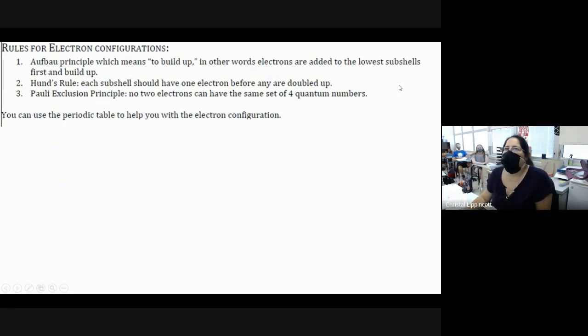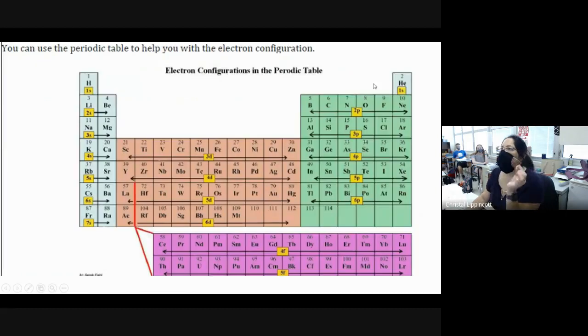so Coulomb's law. Rules for electron configuration. Again, remember that with electron configuration, if you use your periodic table, life is easy. So when we look at this, this is your 1s. And when we did this in class, we had you pull this guy over to here. We keep him over here because he's a noble gas, and most of the time it works over here.